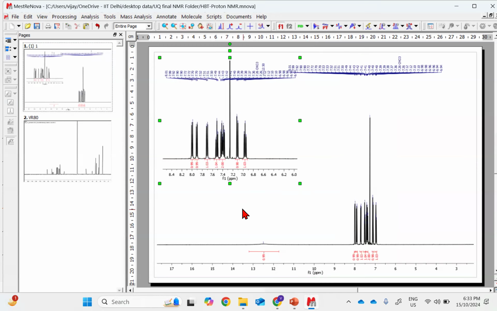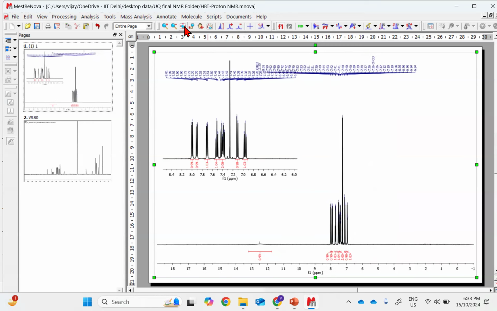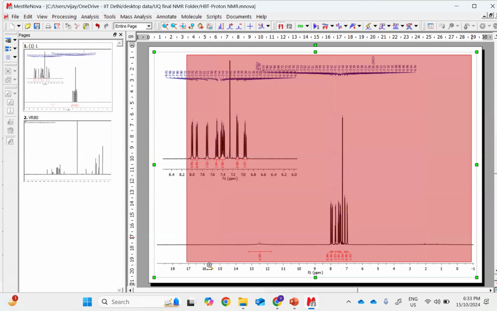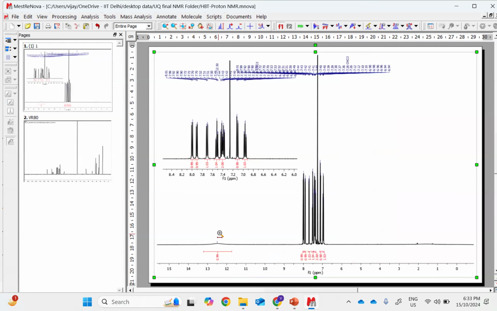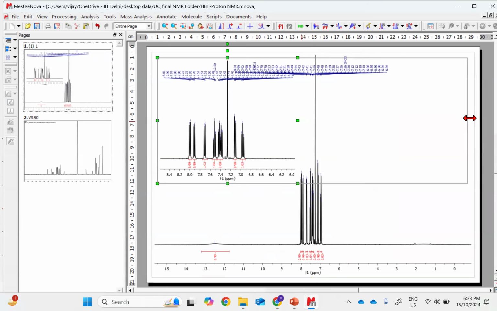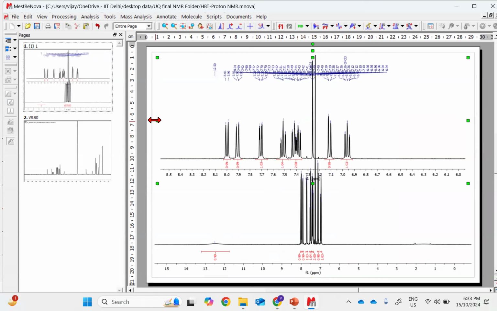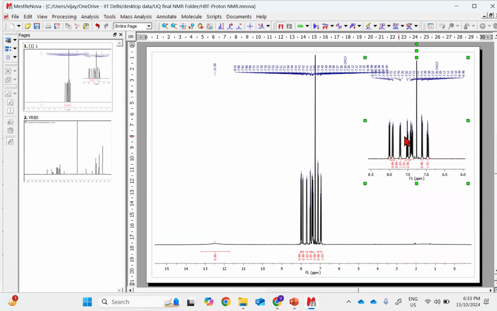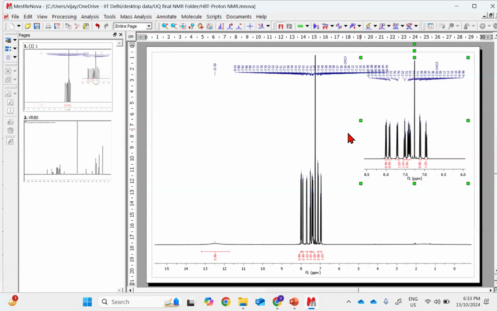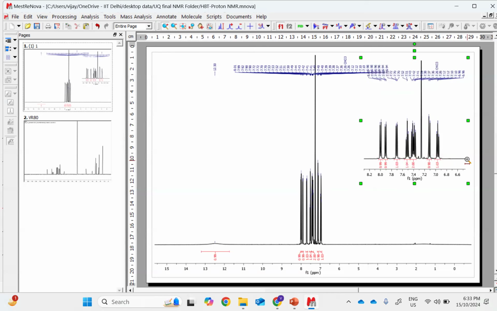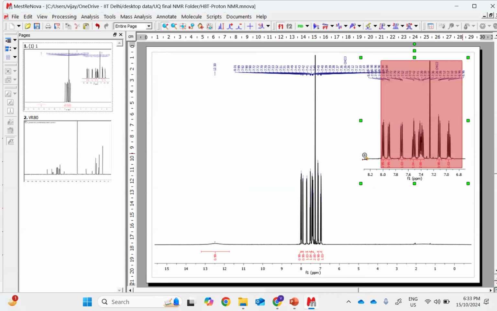So this is how we can generally do it. Now the spectra looks somewhat good, right? This is how you also have to do it. I will take this to this side because this side is completely blank, and select only the region where the actual peaks are available.